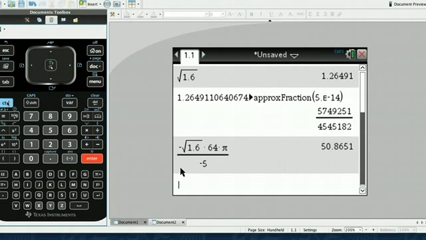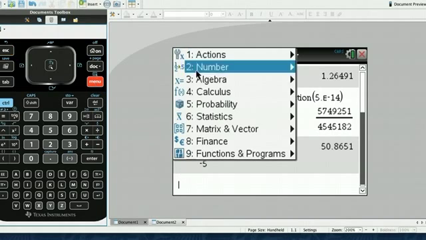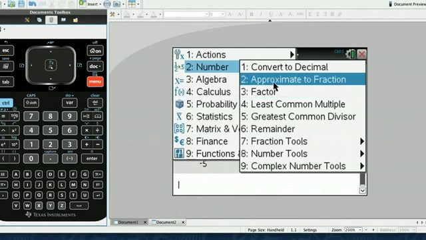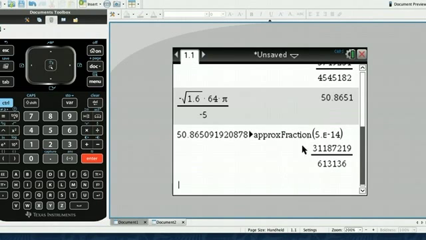And see if we can get an exact answer. I'm pretty sure we won't because of the surd. Oh, it's quite ugly. So we'll just leave it in this form. It's probably enough really to do this to one decimal place. So 50.8651. Let's round it to one decimal place.